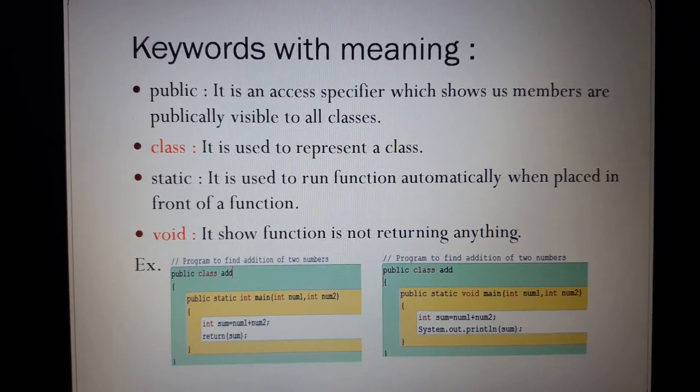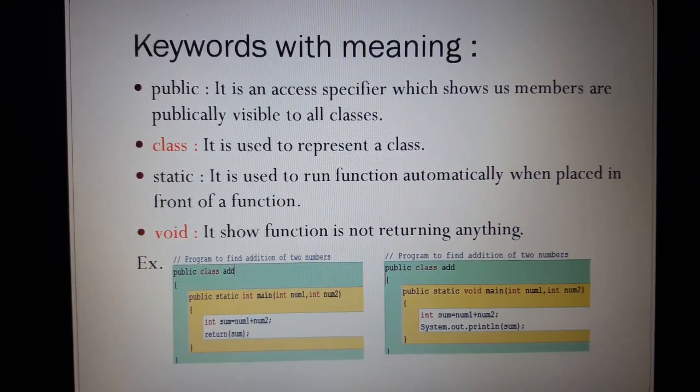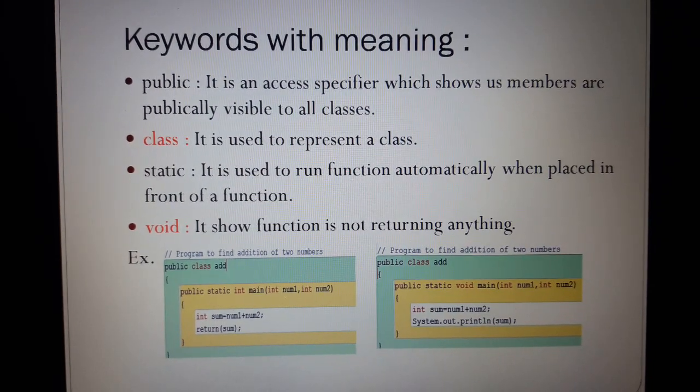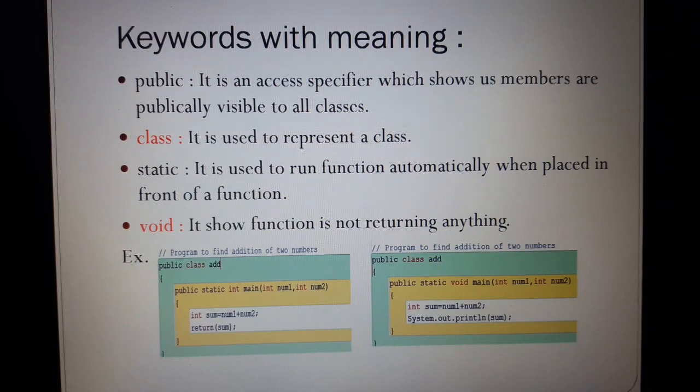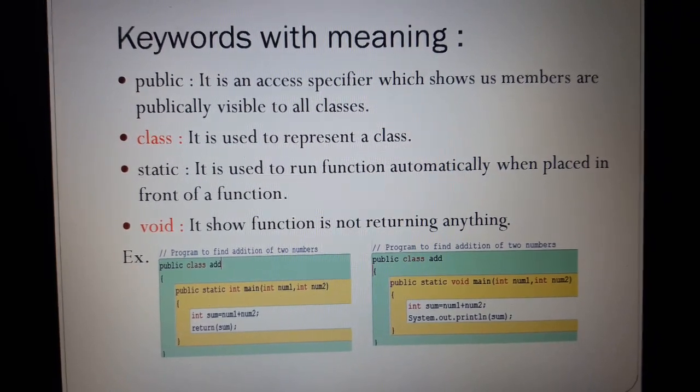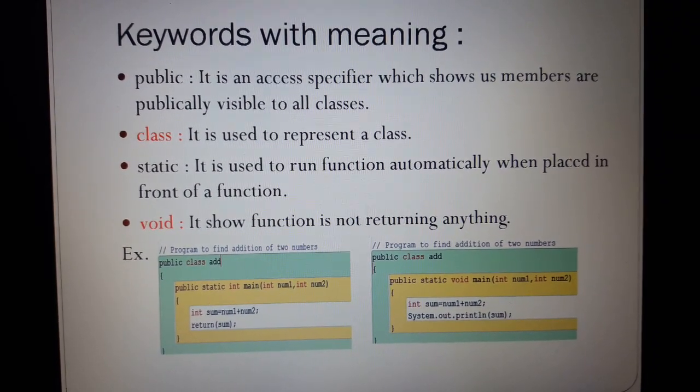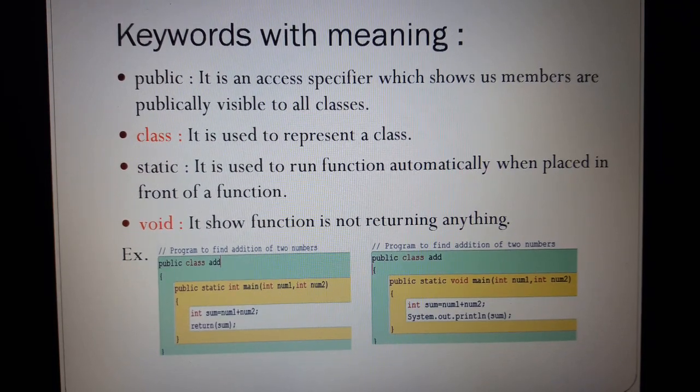But before proceeding further, there are a few things you have to remember, what we are using in our program. First, I'm using a keyword which is known as public.